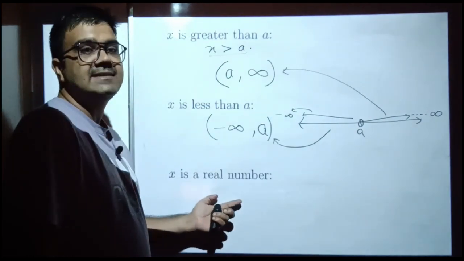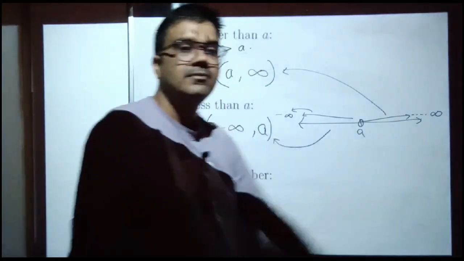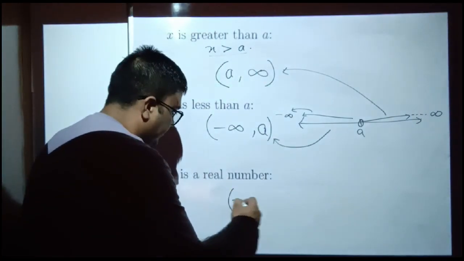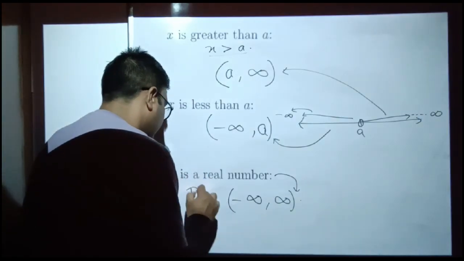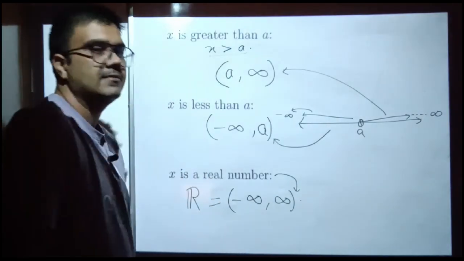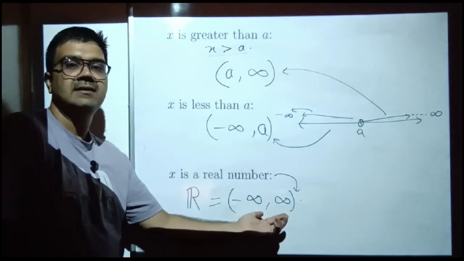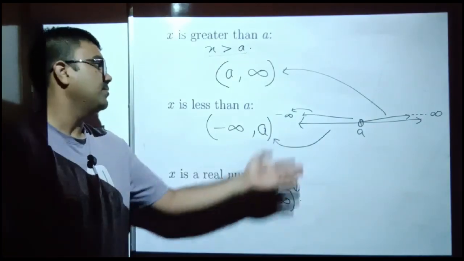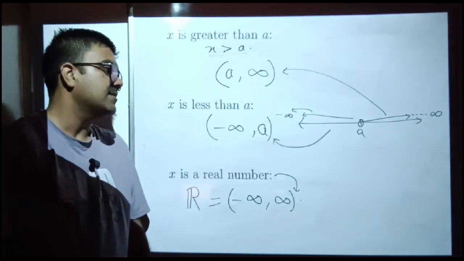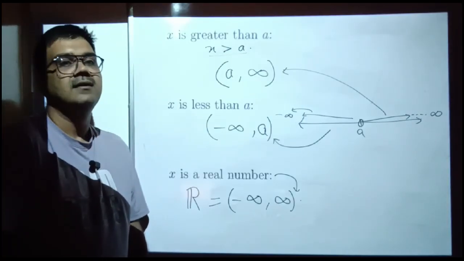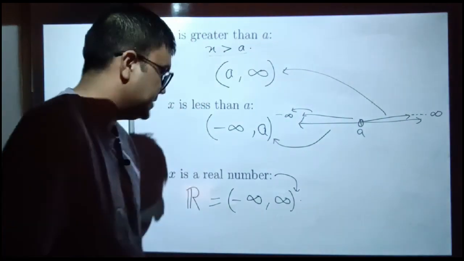If we are saying x is a real number, it means that it can have any value from minus infinity to infinity. So this is the representation of the set of real numbers using the interval form, and all these that we have studied in our previous slides were subsets of the real numbers. So this was all about subsets.